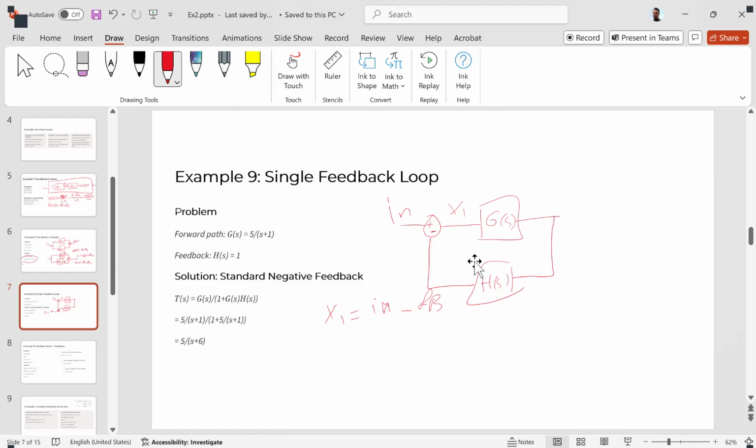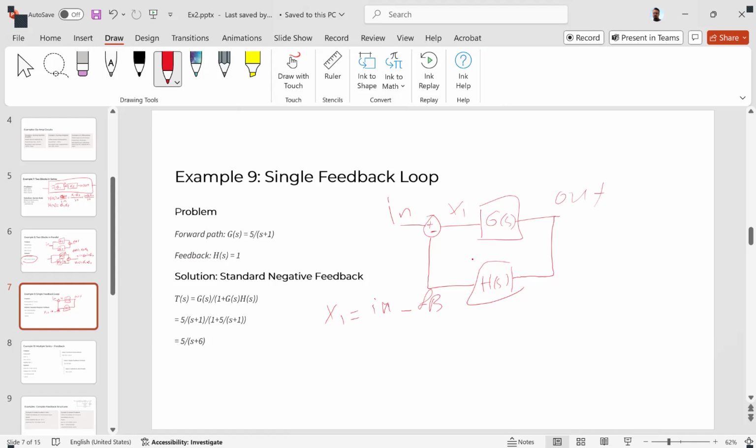Now, what is the output? What is the output here? x1 times g of s, right? This is the output of this block diagram.